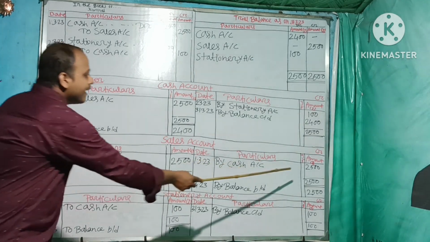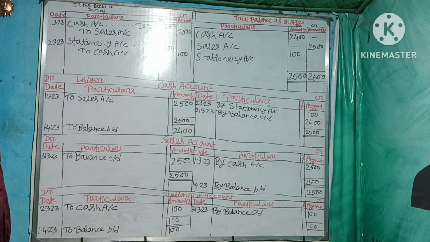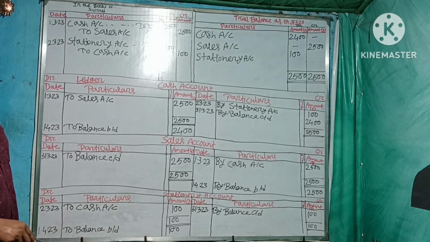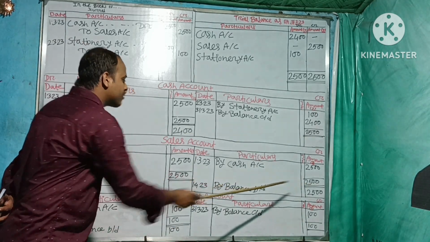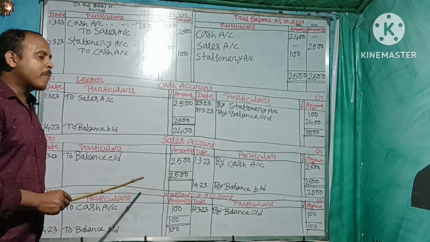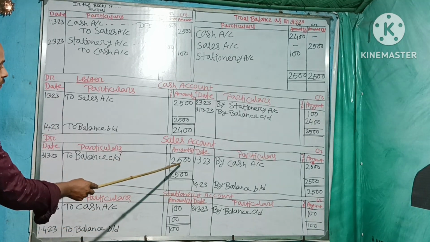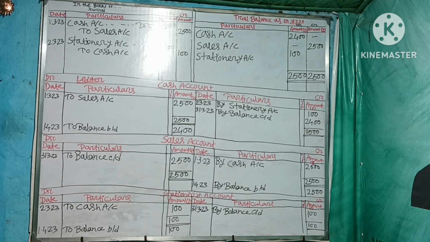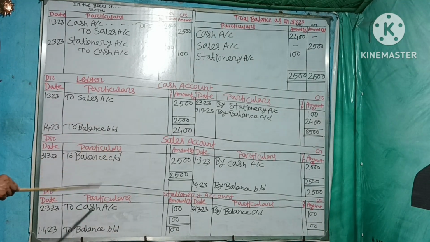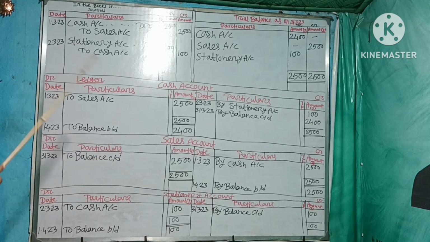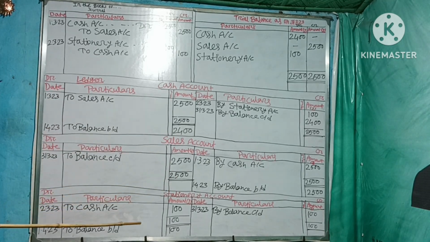In the case of the sales account, the credit side has some amount, 2500, but the debit side doesn't have any amount. For that reason, we write 2500 on both sides, and then we observe that the debit side has the balance, to balance CD 2500, whatever the difference comes to. We put the date at the end of that month, and the CD amount we also write on the opposite side of the CD side, below the summation.